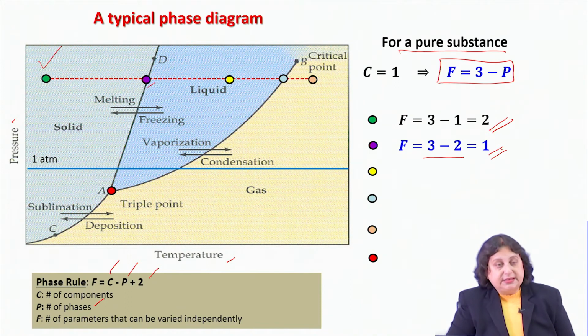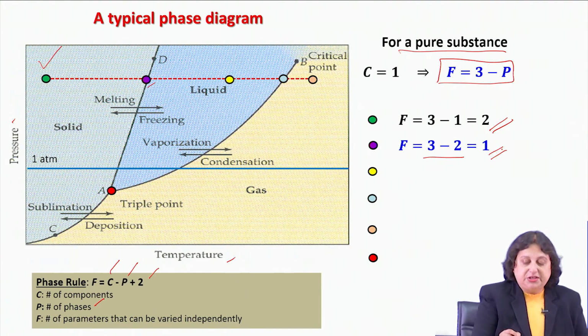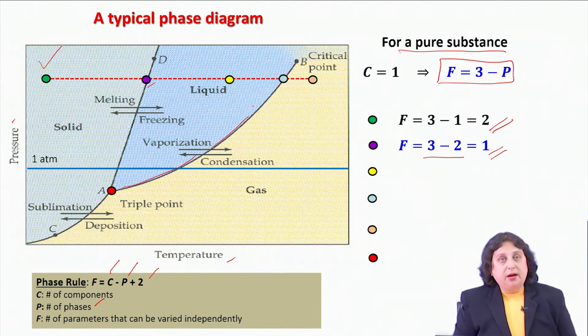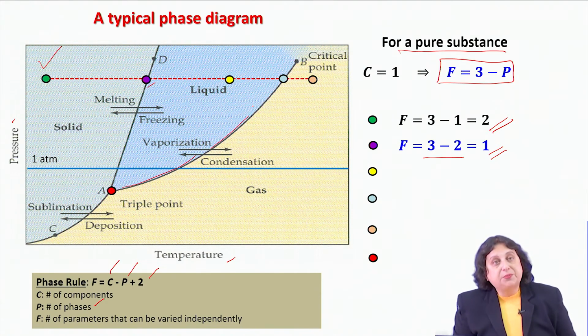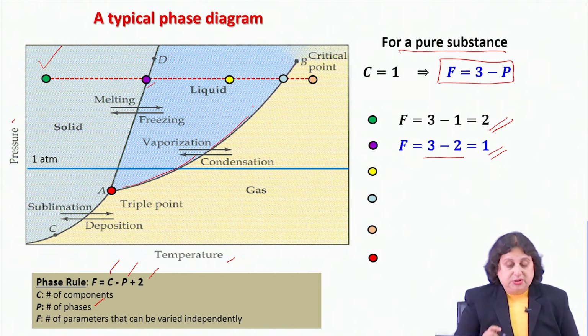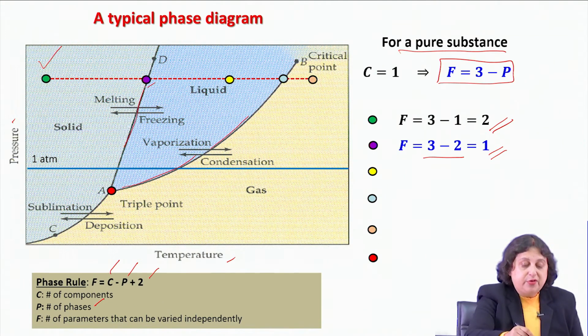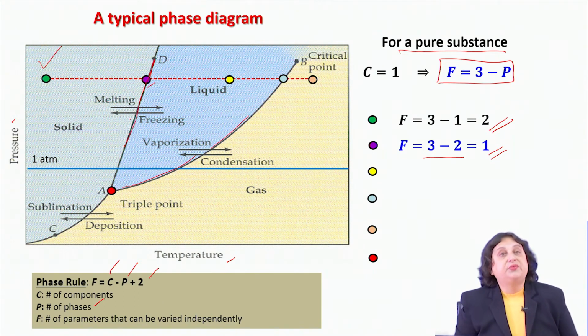It means that if I fix the temperature, there will be a corresponding value of pressure along this line that will tell me that both the solid and the liquid are coexisting in equilibrium.